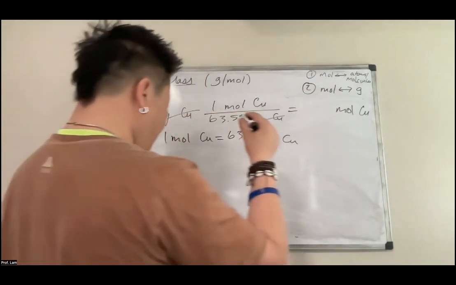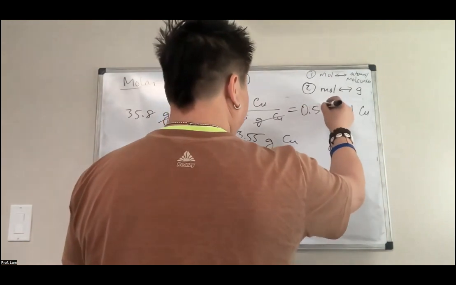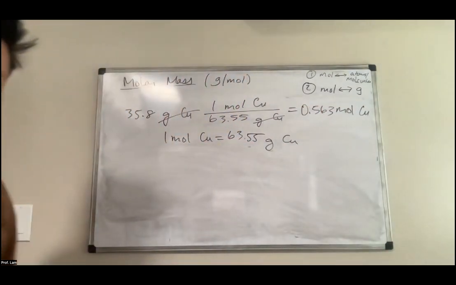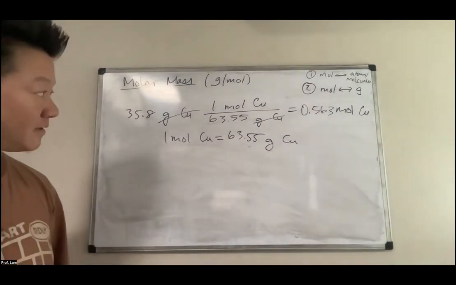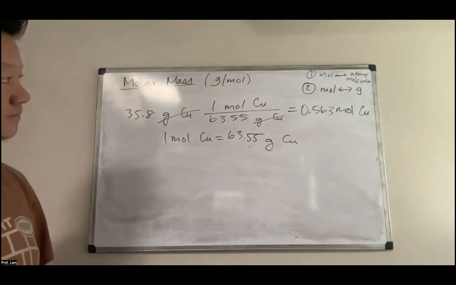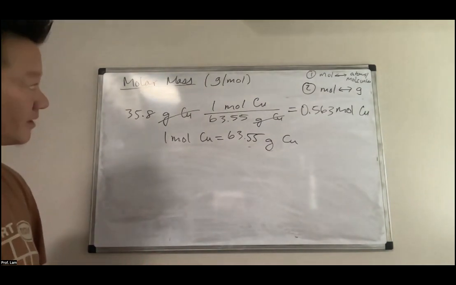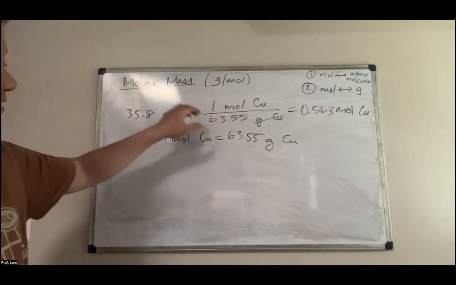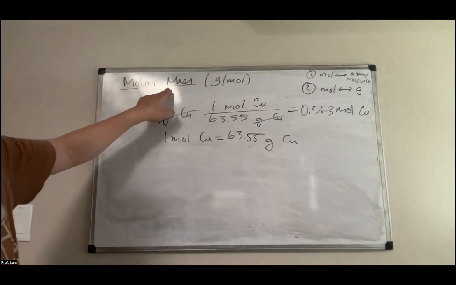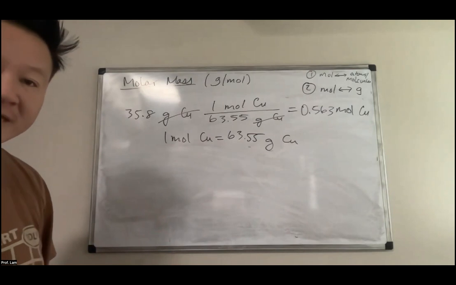This is 3. So it's going to be 0.563 moles of copper. So the key thing is to get the equivalency first. Where do we get a molar mass? From the periodic table. It's that simple.